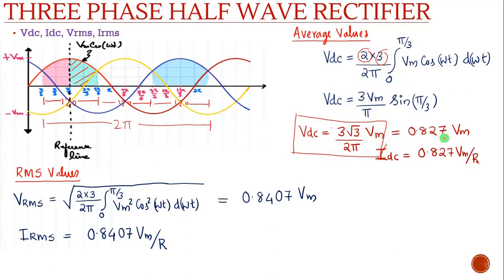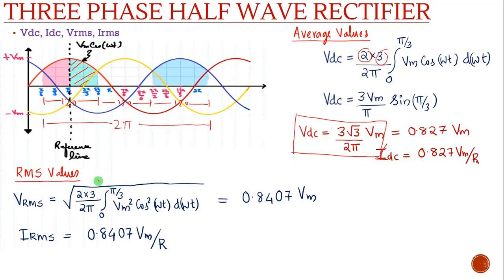Or 0.827 Vm. Similarly, IDC will be equal to 0.827 Vm by R, because here we are using a resistive load. If we divide by the load resistor, we get IDC.